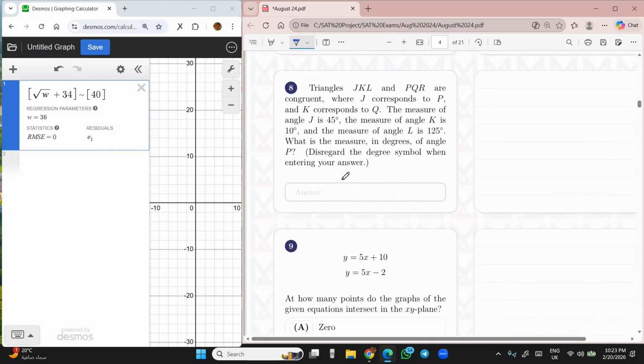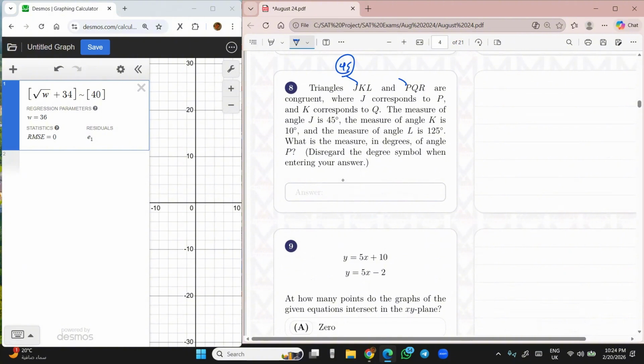Question number 8. Triangles JKL and PQR are congruent, where J corresponds to P, K corresponds to Q, and so on. The measure of angle J is 45 degrees, the measure of angle K is 10, and the measure of angle L is 125. What is the measure in degrees of angle P?